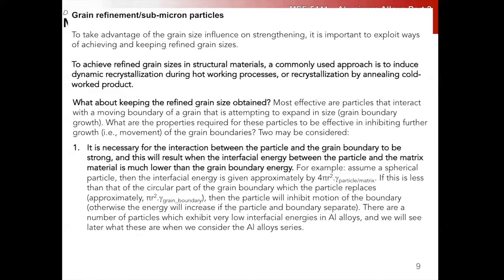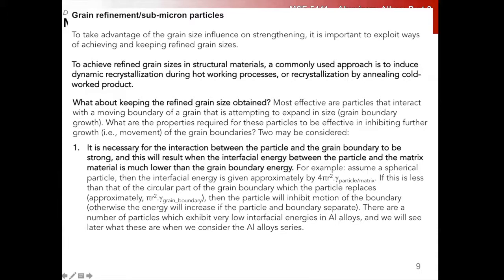How do we keep the grain size small? It was one of my rules of thumb: grain boundary pinning. We want to have secondary phases that are going to impart a drag on the growing grain boundary.